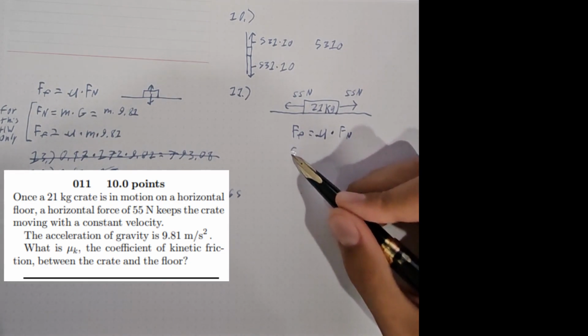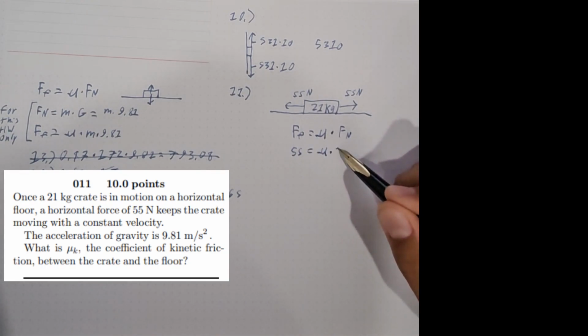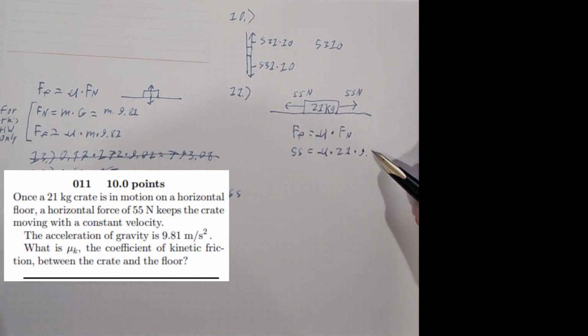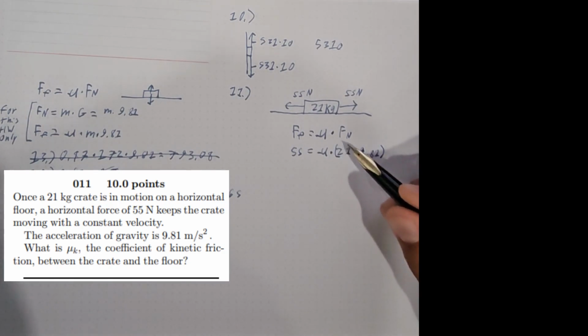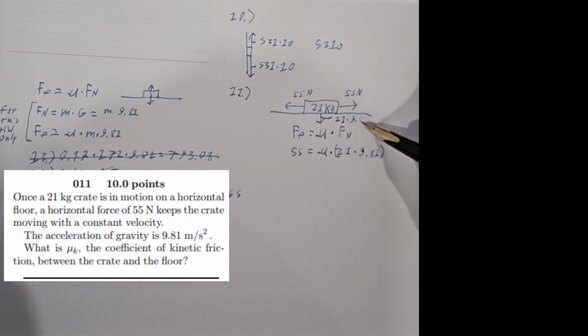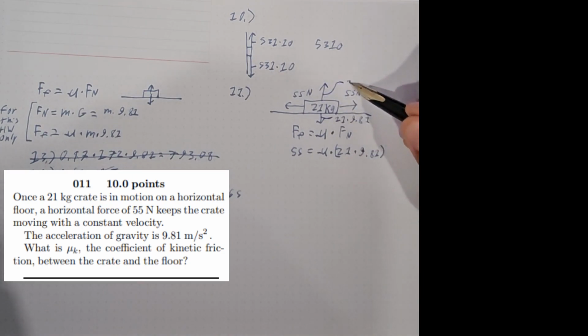So the force of friction, 55, is equal to mu times 21 times 9.81, which is the normal force, because of gravity, this crate is going to weigh 21 times 9.81, and the normal force, because it's horizontal, is going to be the same thing, 21 times 9.81.